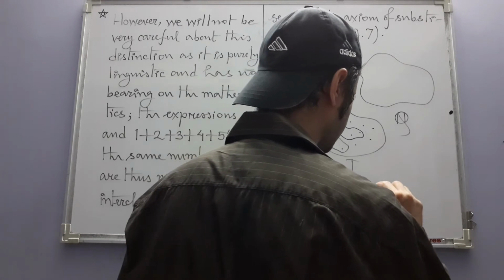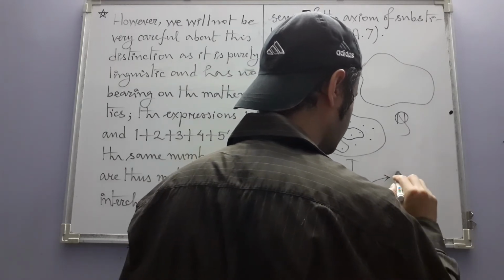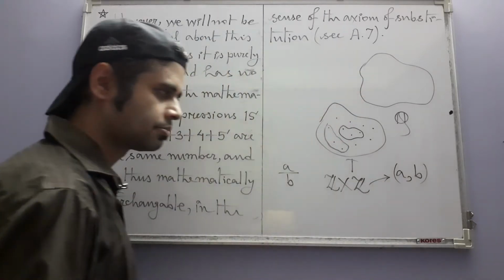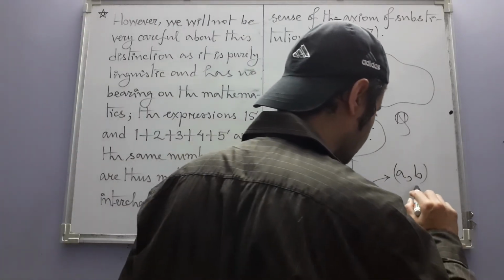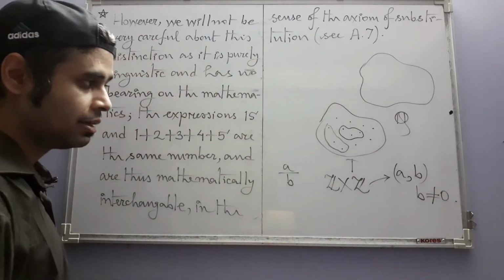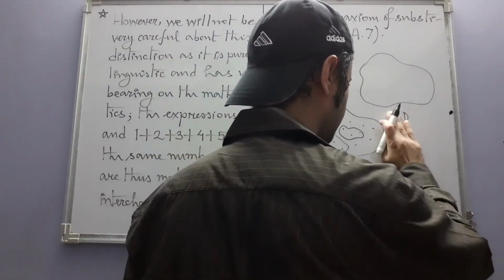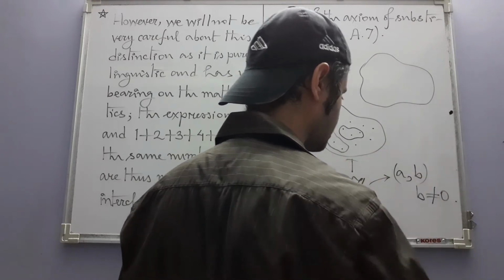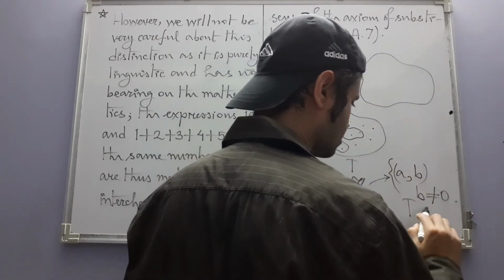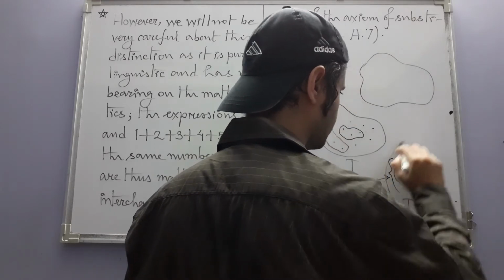On this set, we concentrated on those ordered pairs (a, b) where b is non-zero. So instead of directly thinking of this as Q, you can think of this set as T.